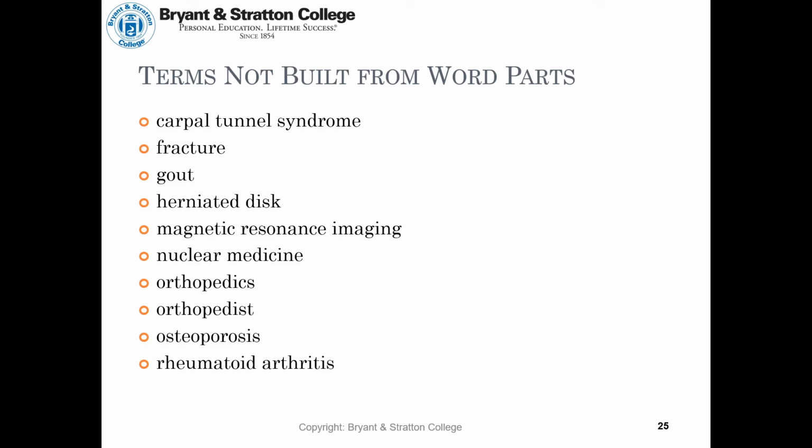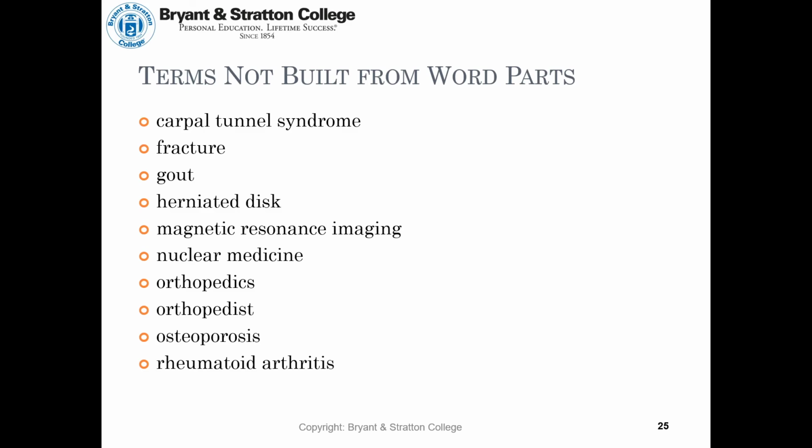Nuclear medicine, again, general idea, is involved around imaging. Now, orthopedics is the study of everything ortho, and you can think about ortho as a conglomeration of bones, joints, muscle, all of that.